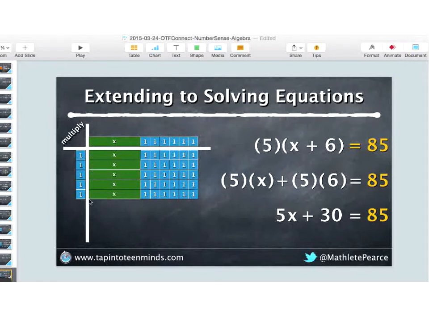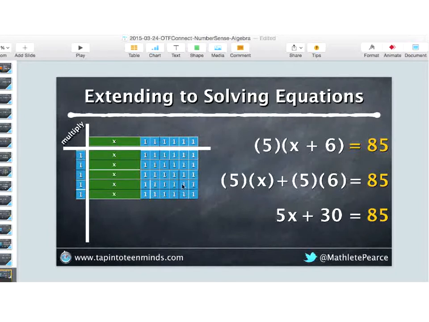So looking at the interior of this little multiplication or area array model, knowing that that entire rectangle represents 85, getting students to see that these 30 are part of the 85 has been so helpful for me, right?